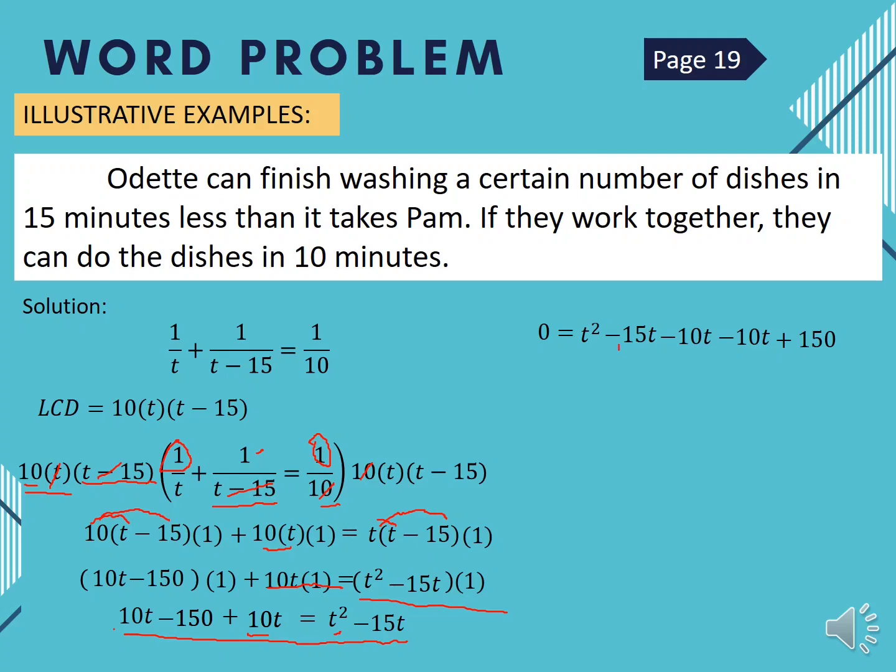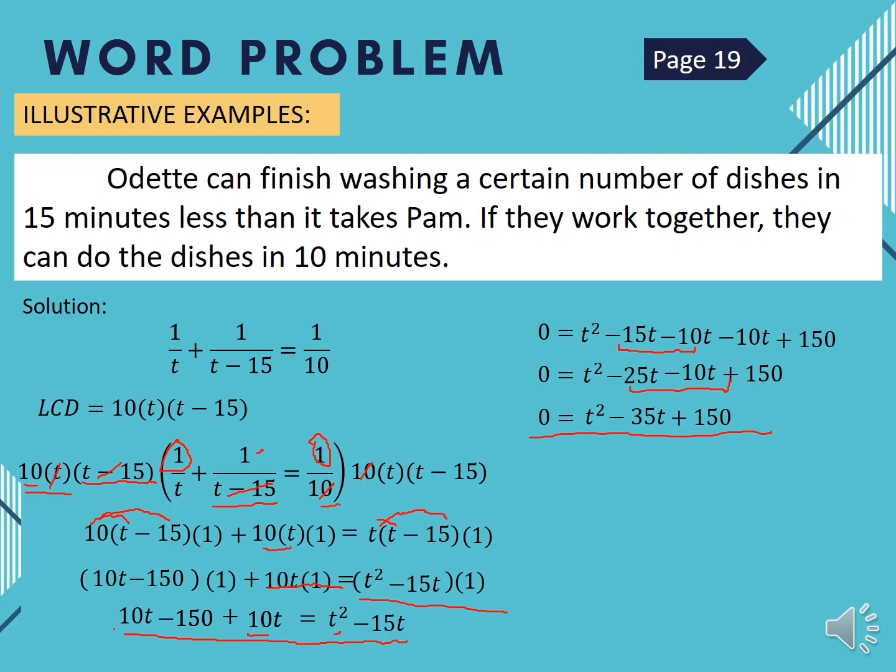Now, combining like terms, ito, parehas sila. Negative 15T minus 10T is equal to negative 25T. Then, meron pa tayong negative 10T plus 150. Now, combine ulit natin. Meron pa tayong negative 25T minus 10T, which is negative 35T plus 150. So, we already have our simplified quadratic equation.